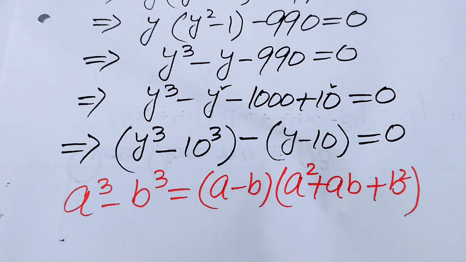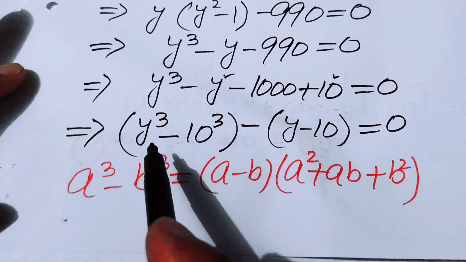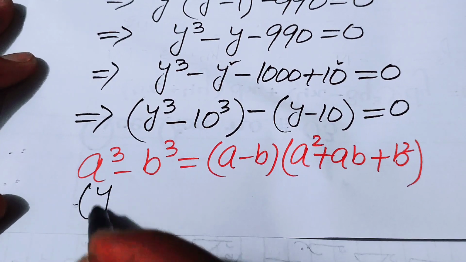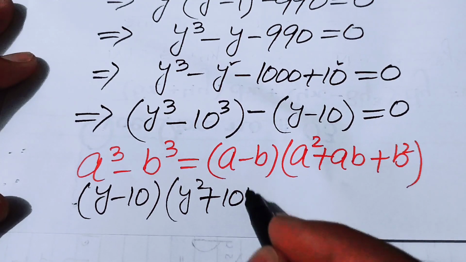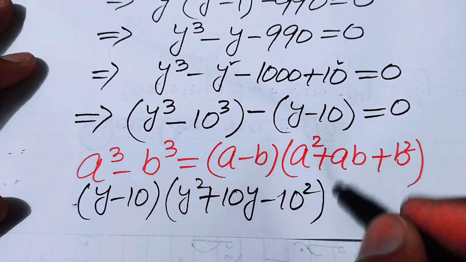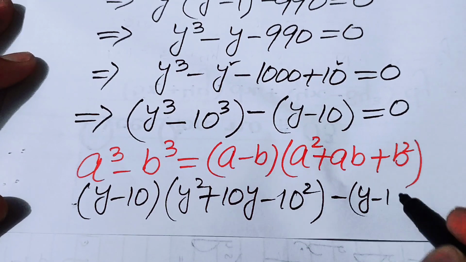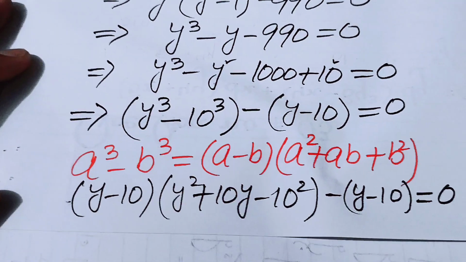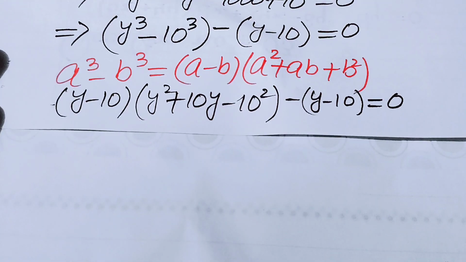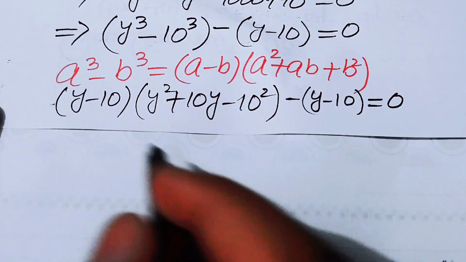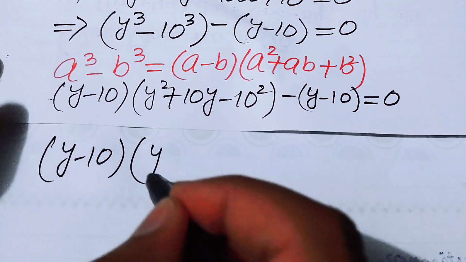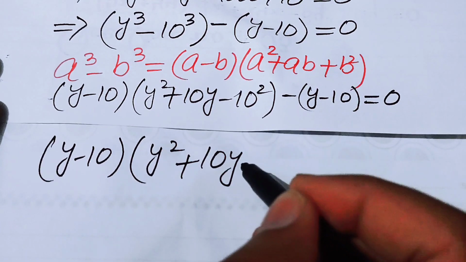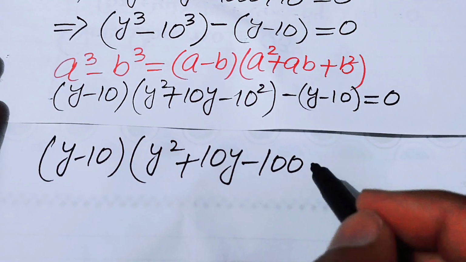So according to this formula the first term will be written as (y - 10)(y squared + 10y + 10 squared) minus (y - 10) = 0.